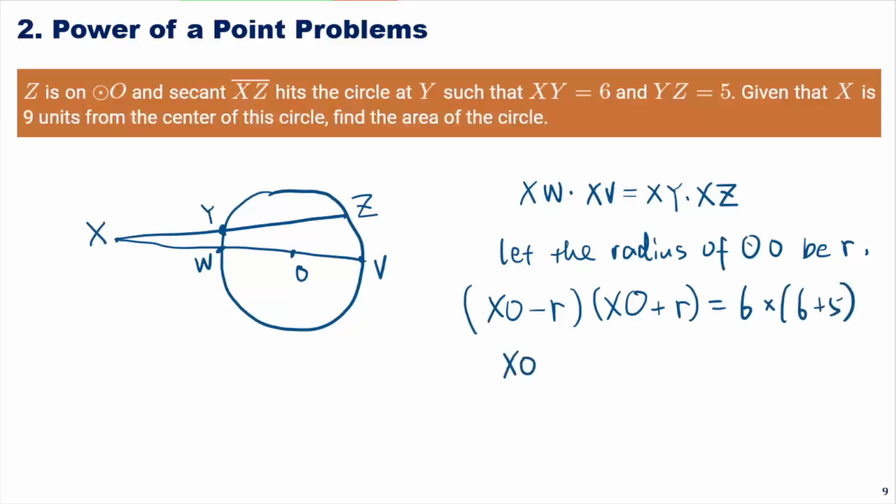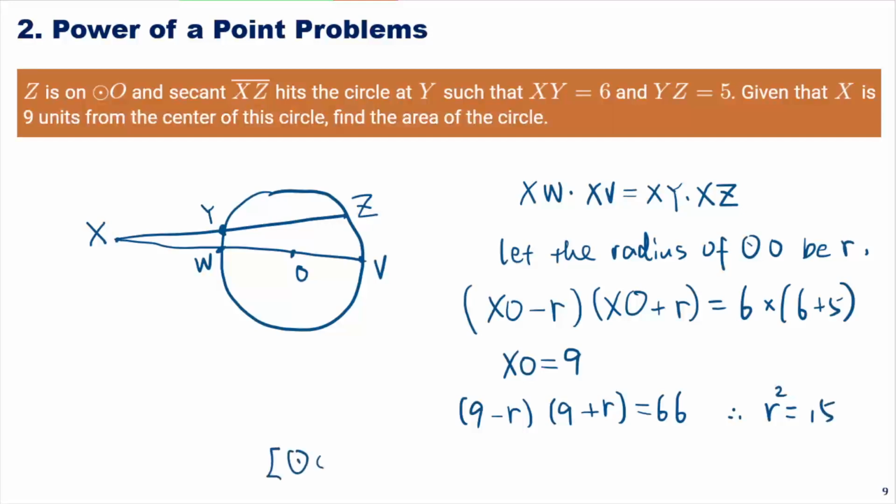And XO equals 9. Then we have (9 minus R) times (9 plus R) equals 66. And therefore we can solve R squared equals 15, right? So the area of the circle O is given by pi R squared. This gives us 15 pi, right?